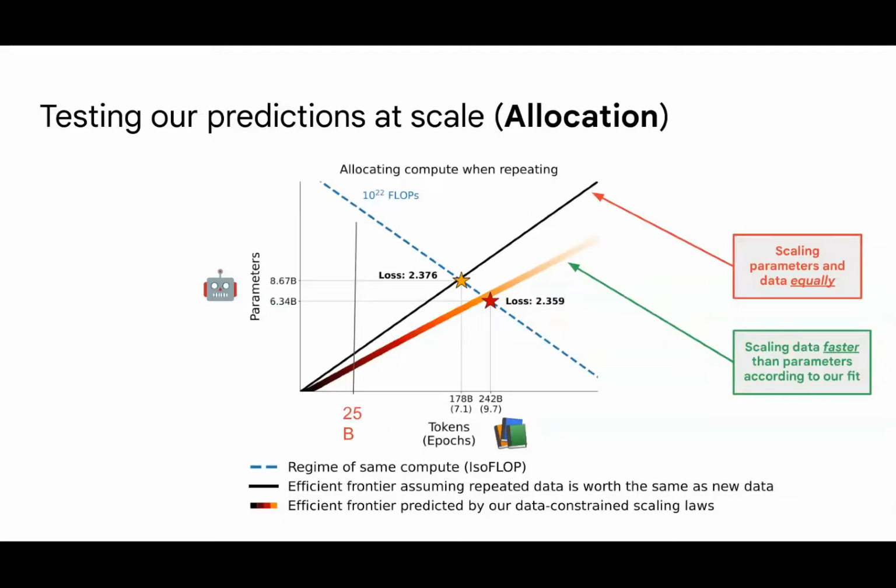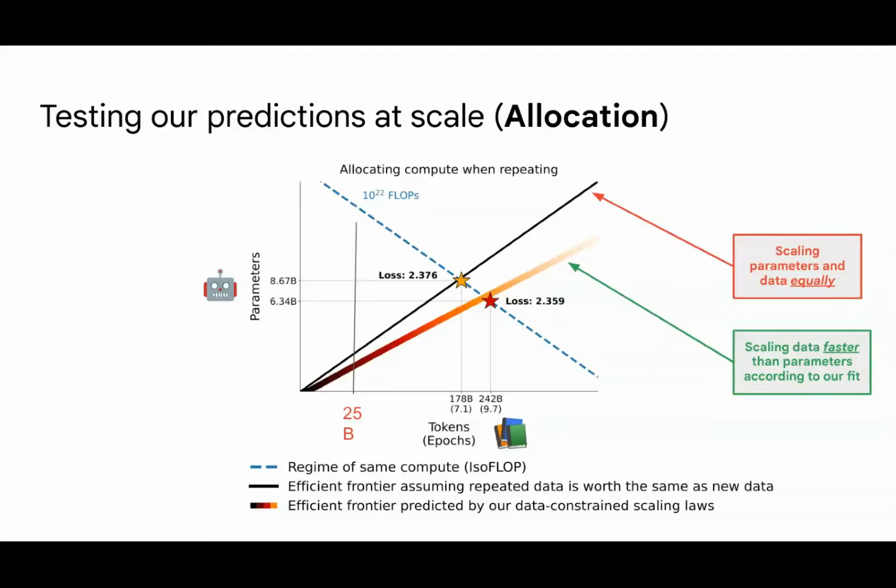Given these theoretical predictions, we can also test them out in practice. In this curve, we trained two language models. They're trained with exactly the same number of FLOPs and exactly the same number of unique tokens. The yellow star is trained to match the Chinchilla formula. It represents repeating this token data to reach 178 billion tokens and 8.6 billion parameters.